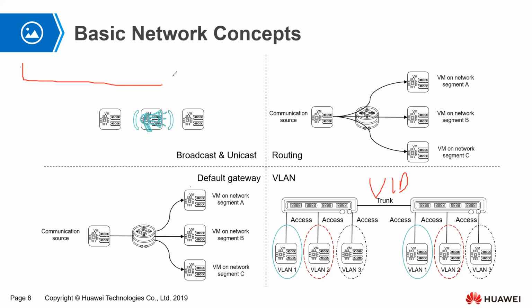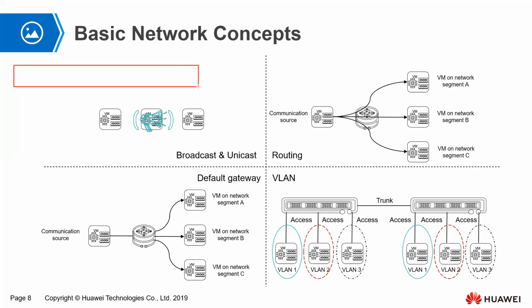Forgive my handwriting. Let me use maybe objects here to help me. So we have our Ethernet frame here, and previously on our Ethernet frame we had our destination MAC address.